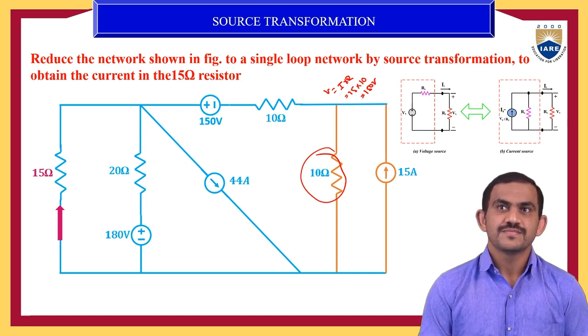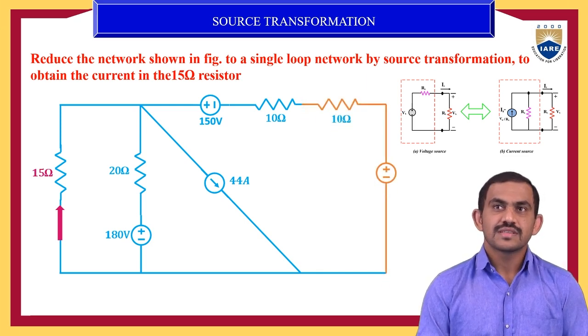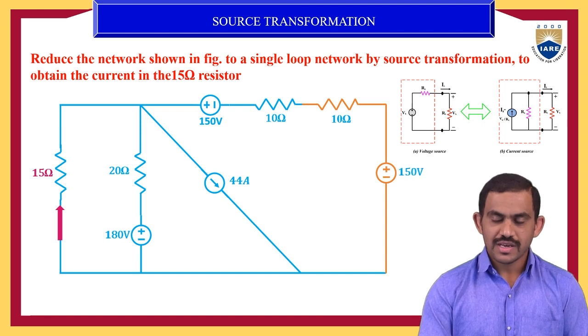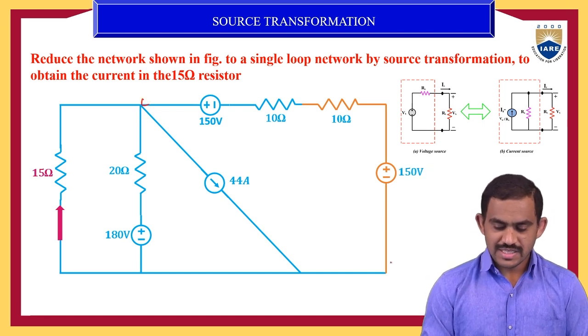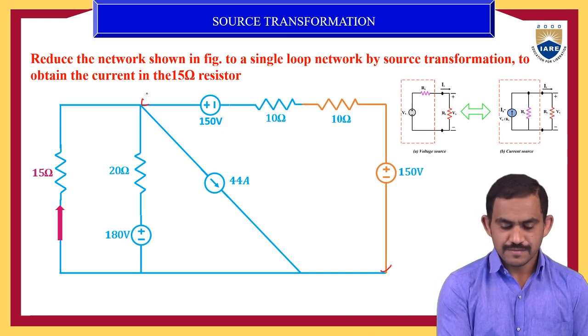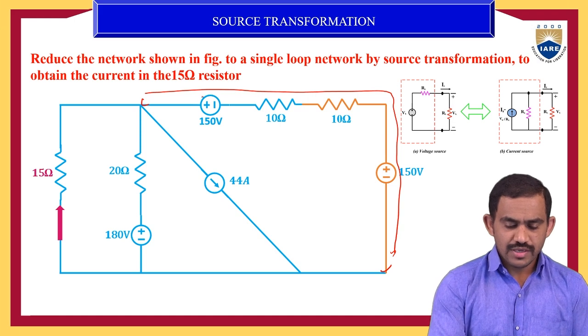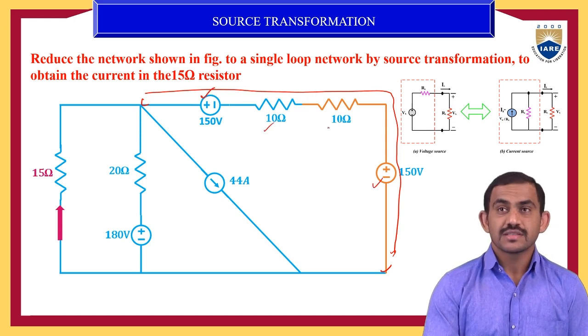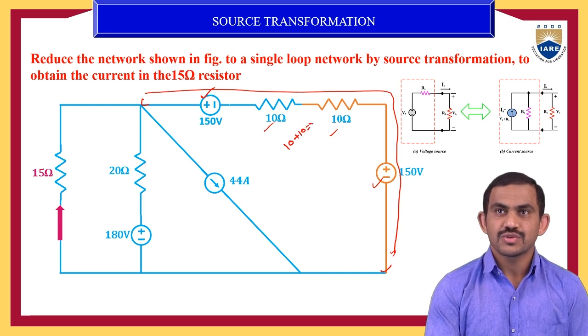Now check it. Yes, your voltage source is in series with that resistor, and the voltage value is 150 volts. Now I have one branch here. In this branch, I have two voltage sources as well as two resistors in series. Series means 10 plus 10, that means 20 ohms.